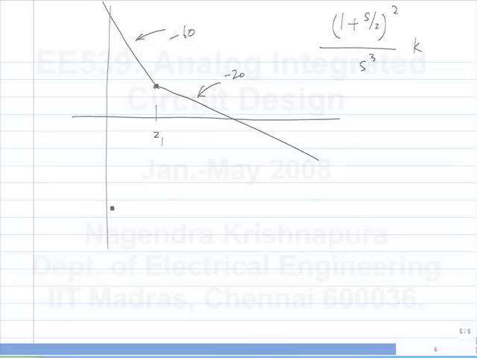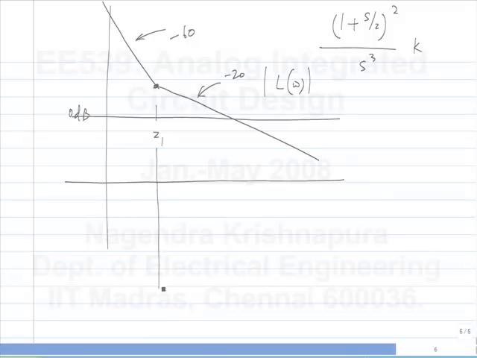If you look at this, this is the 0 dB line. If this is the loop gain, what does the phase do? Minus 270, and what is the phase at Z1? Minus 180, right?